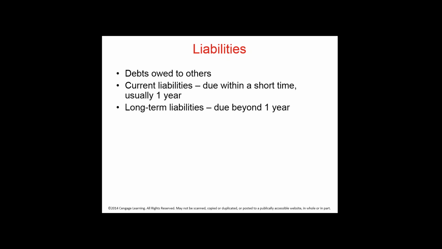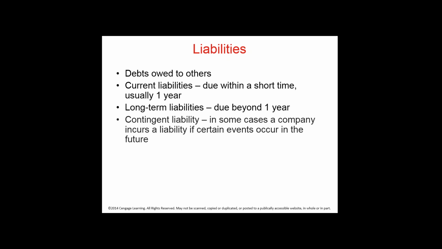Stop and think about it a moment. A long-term liability, let's say we have something that's due in 5 years. Eventually, that will become a current liability when the due date becomes less than 12 months in the future. There's contingent liabilities. Those are things that we might owe if something specific happens. We'll talk more about that in a few slides from now.